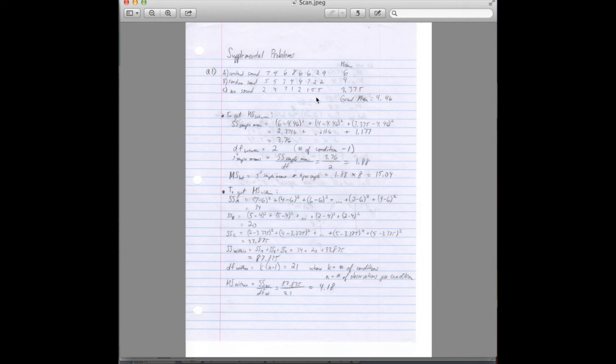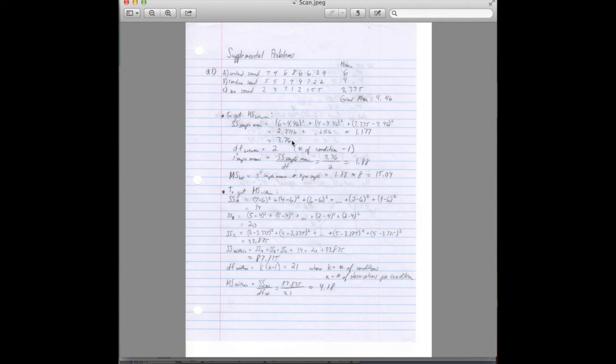Same thing with B, so you have the mean 4 minus 4.46, the grand mean squared, and then likewise for the third, 3.375 minus 4.46 squared. And then you get the SS sample means of 3.76.